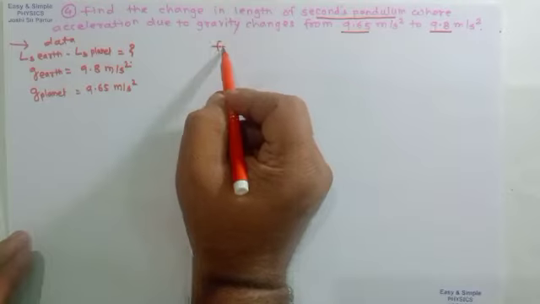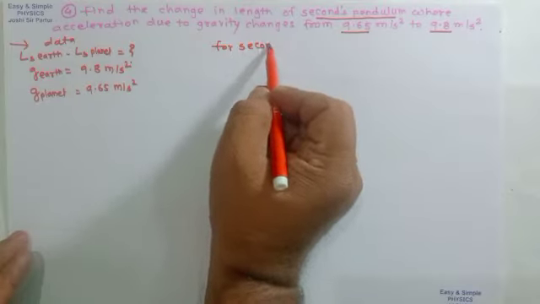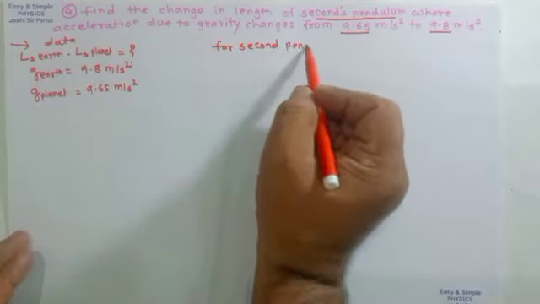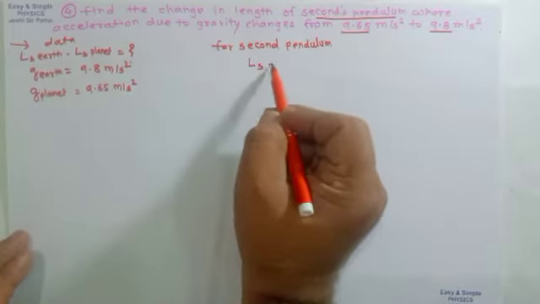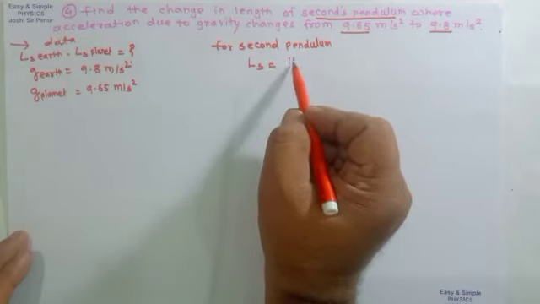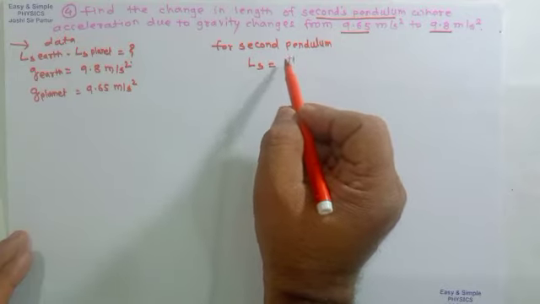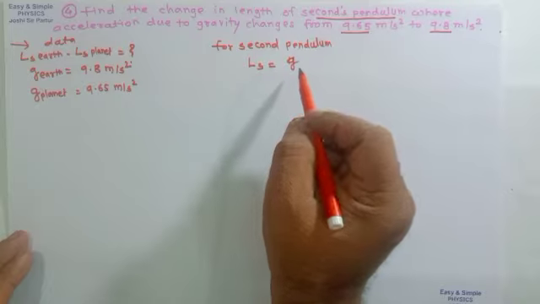For second pendulum, length of second pendulum will be g upon pi square.